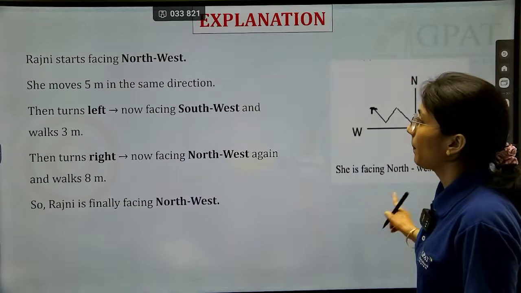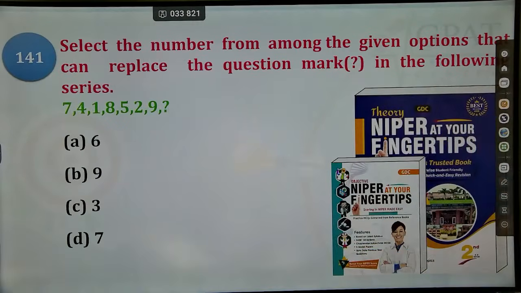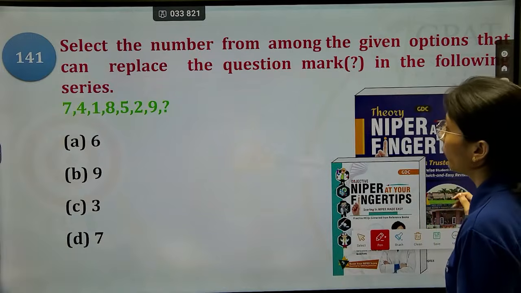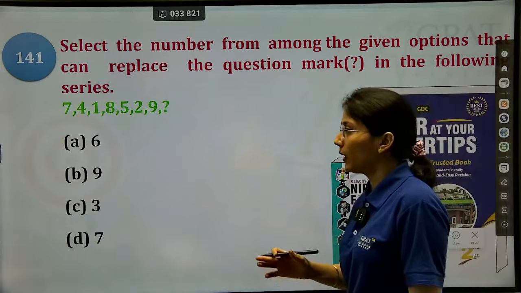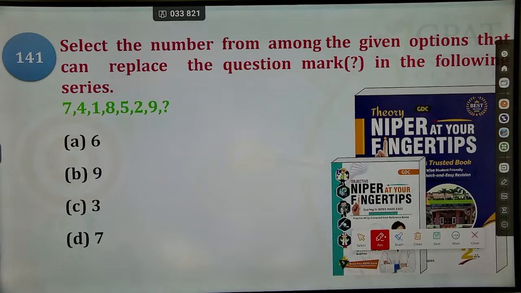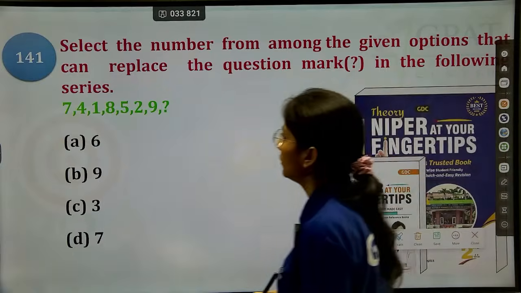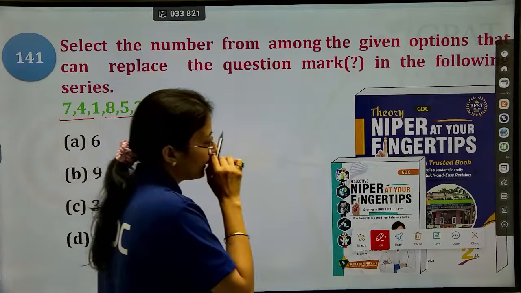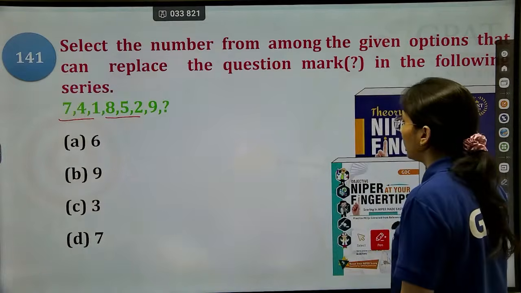Next, select the number from among the given options that can replace the question mark in the following series. 7 4 1 8 5 2 9 question mark. What is the number we get?